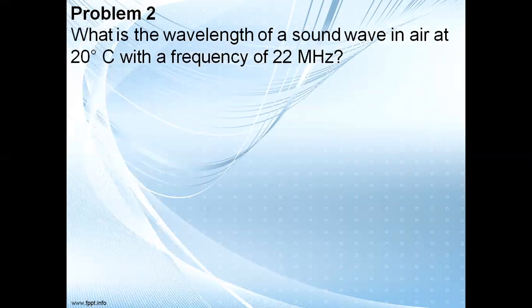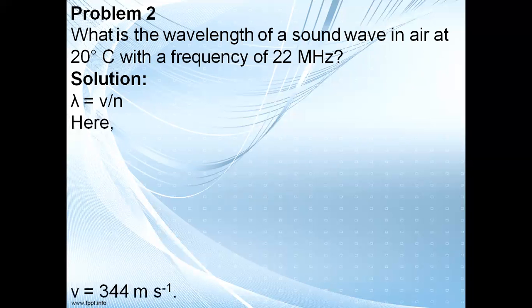Next problem: What is the wavelength of a sound wave in air at 20 degrees Celsius with a frequency of 22 megahertz? We find the wavelength, so lambda equals V divided by n.